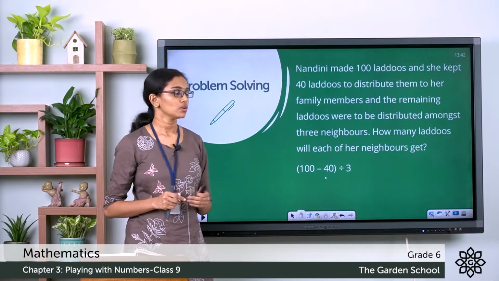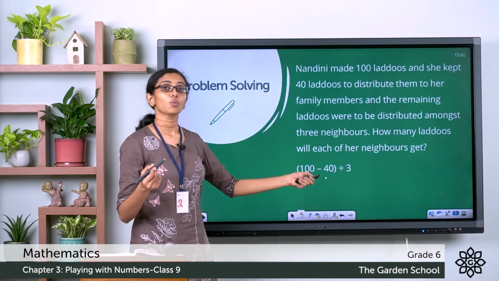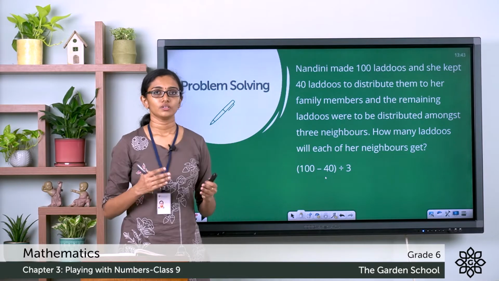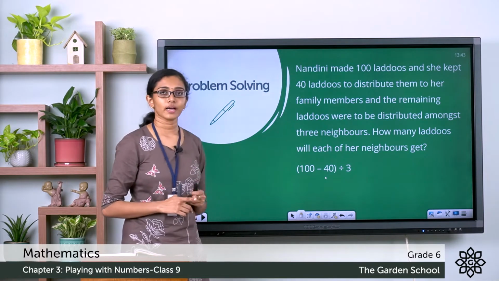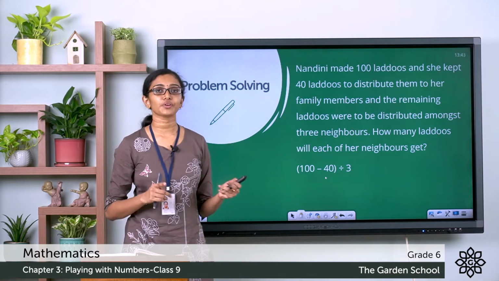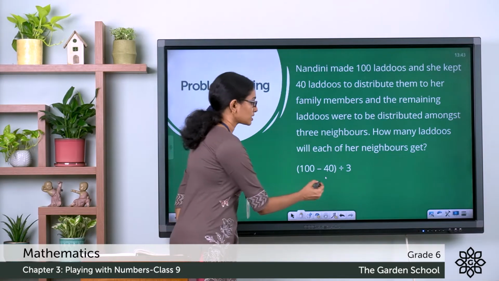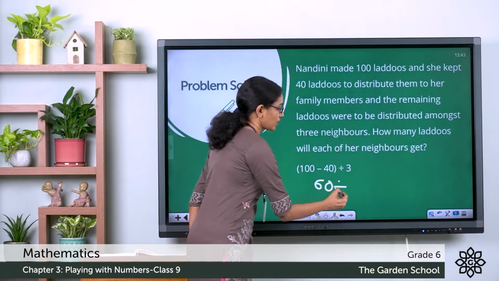Is it clear now? So first you have to do 100 minus 40. What does it give? 60. So when she kept 40 laddus for her family, she was left with 60 laddus, that is 100 minus 40. And she divided these 60 laddus among 3 of her neighbors.